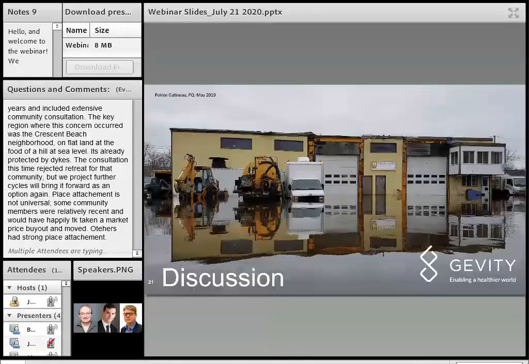Right. I would say that like any of the climate change adaptation options, no one option works in all communities. And so I think what we're promoting here is a suite of options, and one of those is the retreat option.